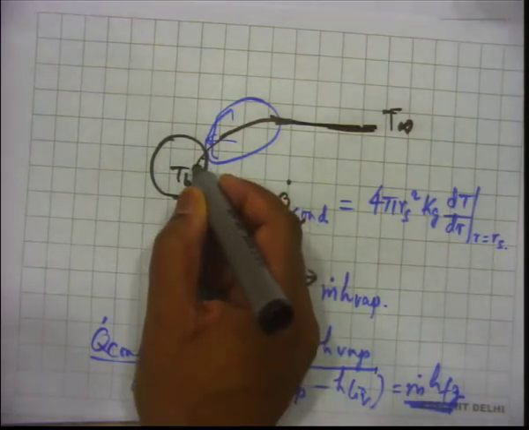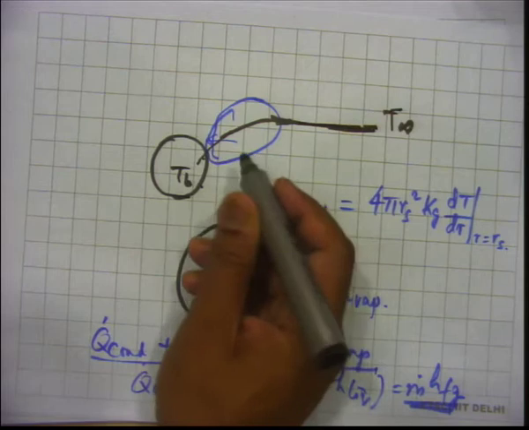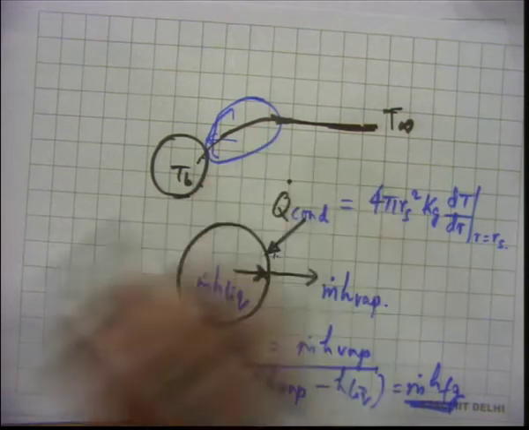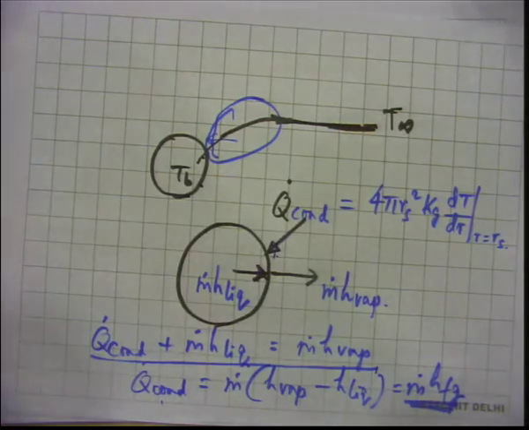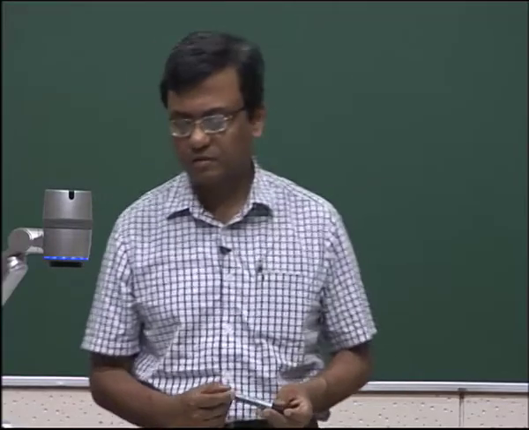But the droplet temperature initially is probably room temperature, which is 25 degrees Celsius, 27 degrees Celsius. It gets raised to its boiling point temperature. I mentioned yesterday that for normal heptane, the boiling point temperature is 98 degrees Celsius. For normal hexane, N-hexane, I think it is 69 degrees Celsius, at atmospheric pressure.